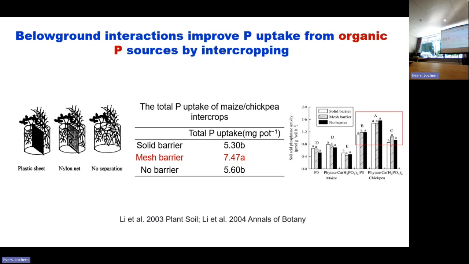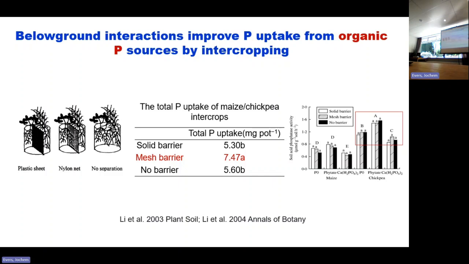And still in this kind of design, they used plastic sheet separation, the mesh separation, and no separation. They found that in the maize chickpea intercropping, when there is no root competition, but only the exchange of root exudates, the total P uptake was highest.